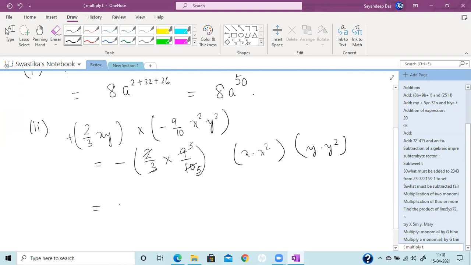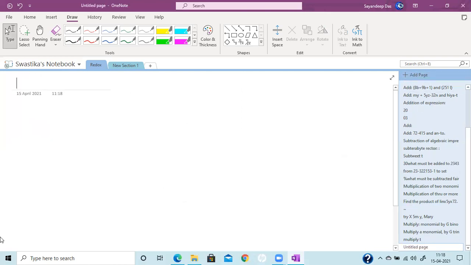So what you are getting ultimately is minus 3 by 5 x cube y cube. This is your answer, and this is how we multiply the monomials. The coefficients may be fractions, numbers, or decimals.